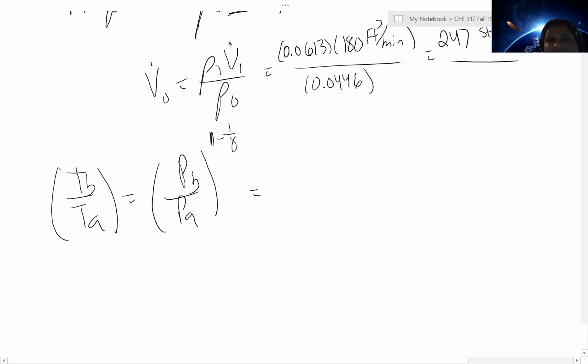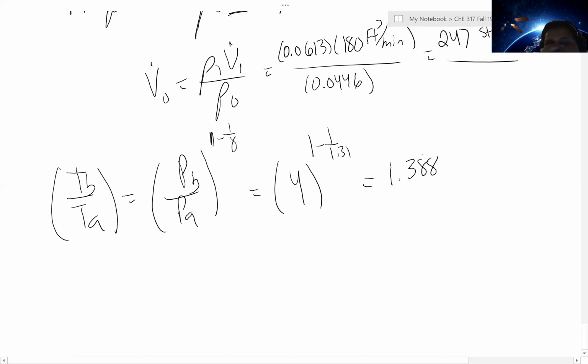So this ratio is essentially going to be 4 to the 1 minus 1 divided by 1.31. So if I do this calculation, I get approximately this equal to 1.388.